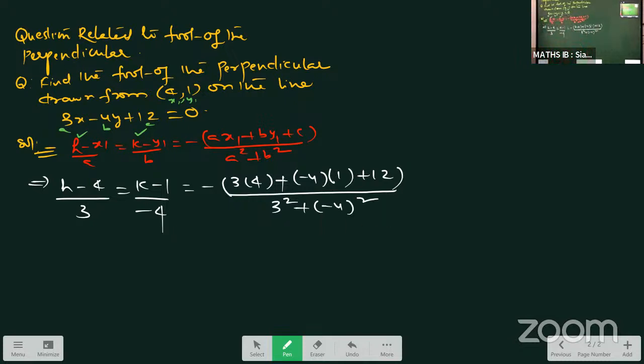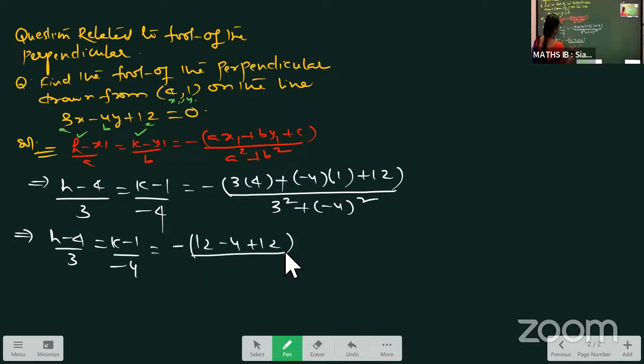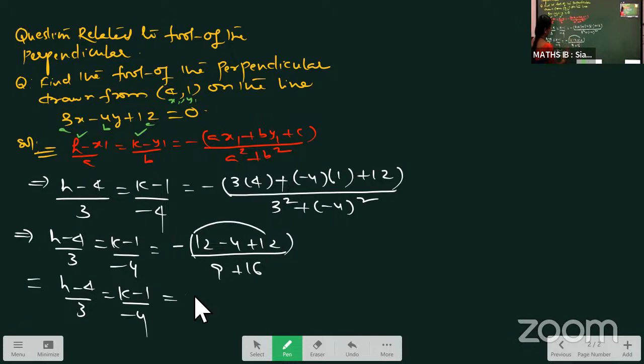Now this is (h minus 4) by 3 is equal to (k minus 1) by minus 4 is equal to minus of (12 minus 4 plus 12) by (9 plus 16). So here (h minus 4) by 3 is equal to (k minus 1) by minus 4 is equal to, this is 24 minus 4, that is minus 20 by 25.